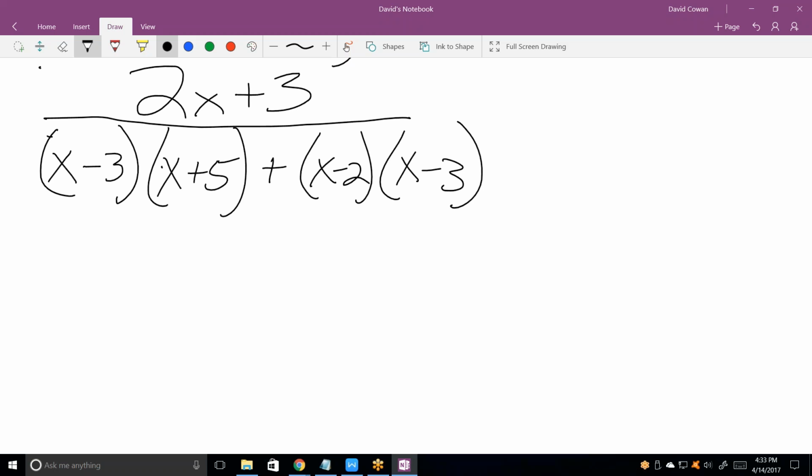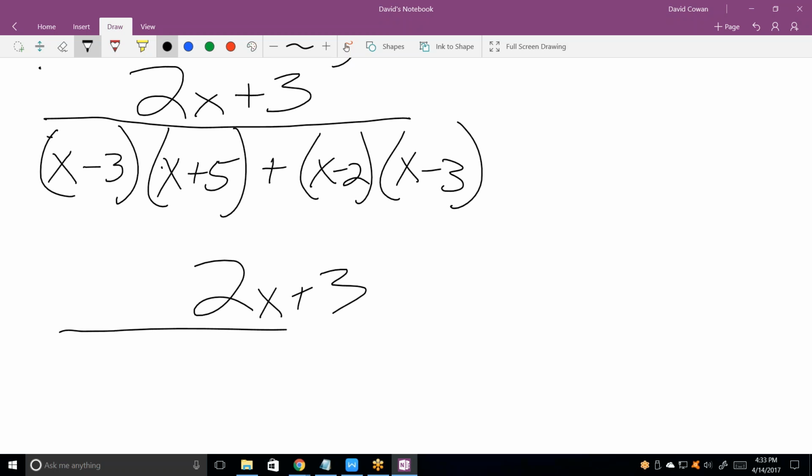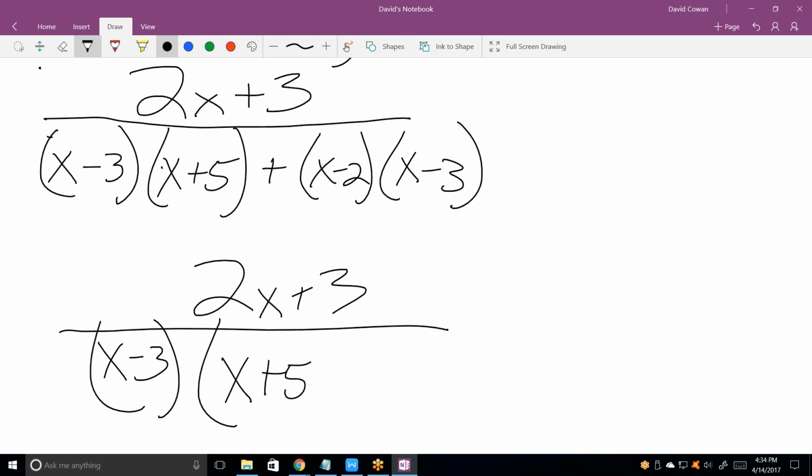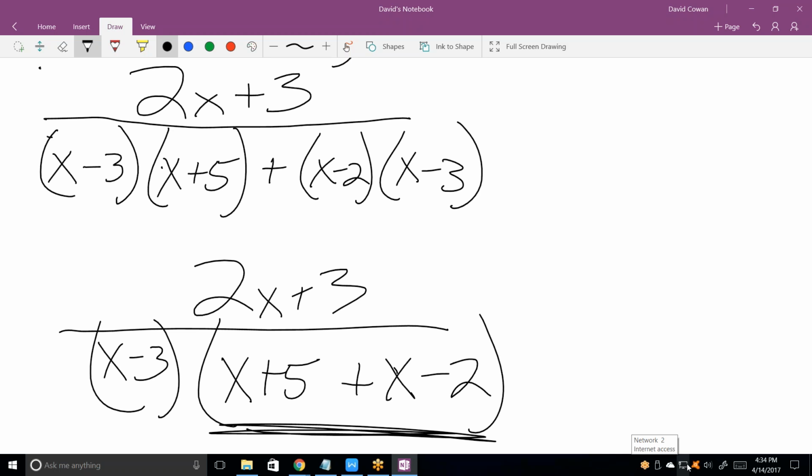Well, the bottom, I can factor out an x minus 3. You see how I can do that? And what's left over is an x minus 5 plus an x minus 2. And notice that this term right here becomes 2x plus 3.